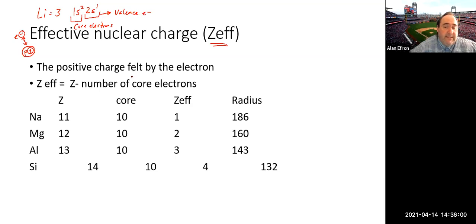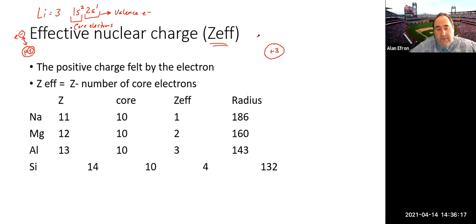So when we look at something like lithium, it's got a +3 charge happening there in its nucleus because of the 3 protons that are present, and obviously some neutrons which have no charge, which are not really playing too much of an effect.